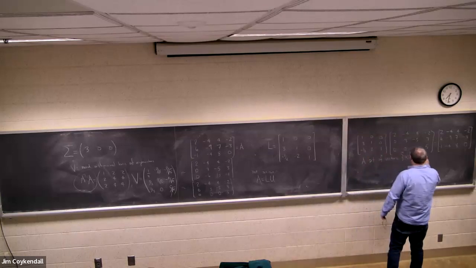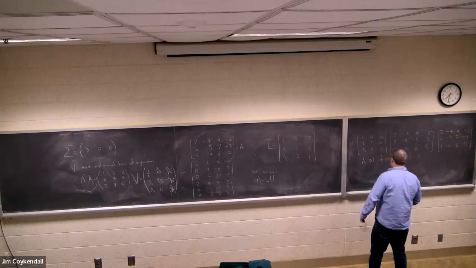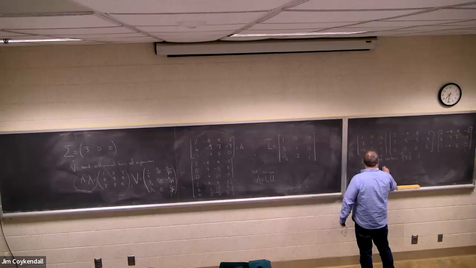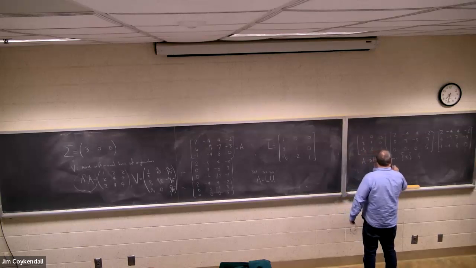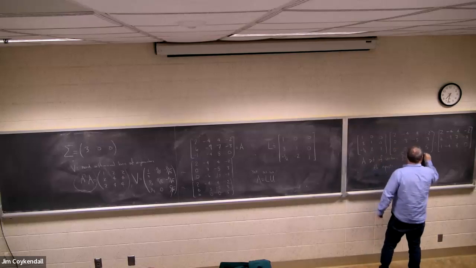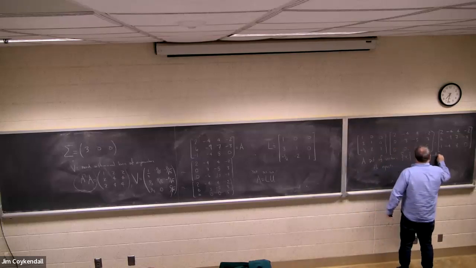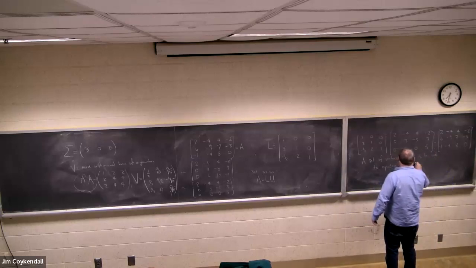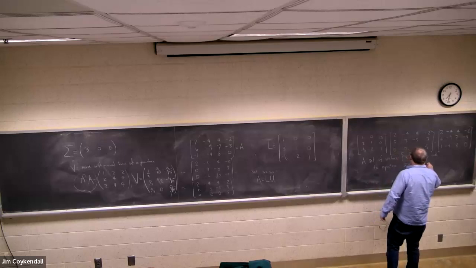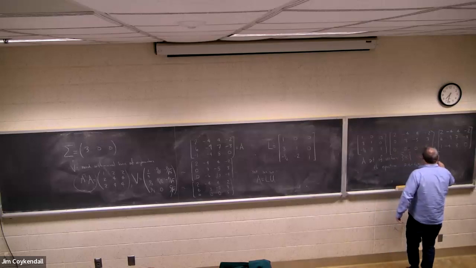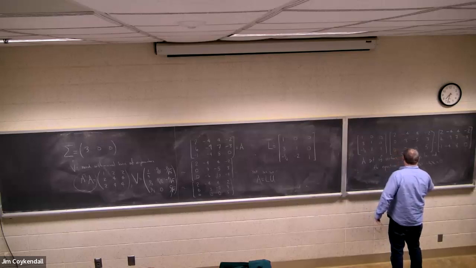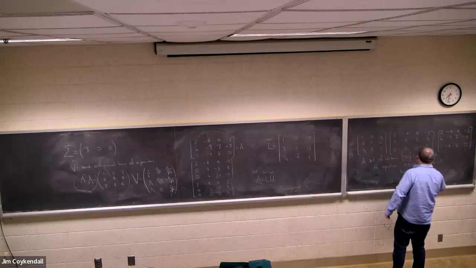If the equation a1 b1 plus a2 b2 plus ... plus ak bk equals 0 forces a1, a2, and all the coefficients to be 0.